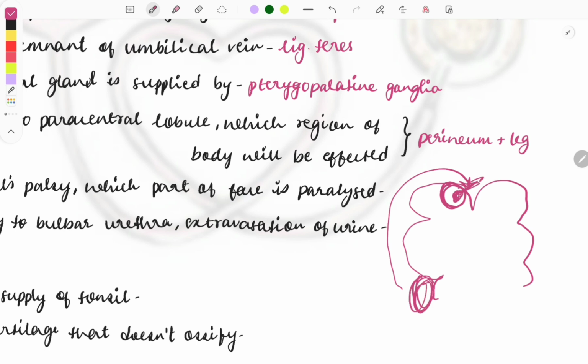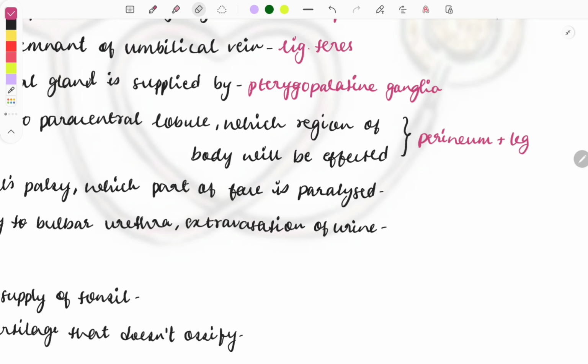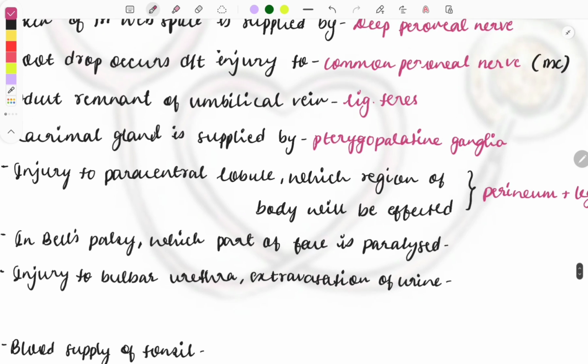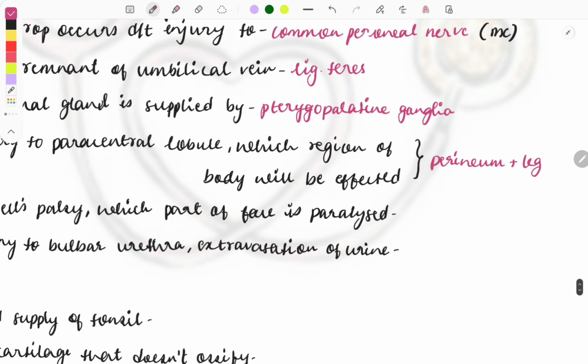The area here will control the face, then here the trunk, then here the fingers, then the abdomen and so on. So it is in an upside-down way, and you can remember it starting from here to here. This is how the distribution of control is there. So paracentral lobule: perineum and leg.